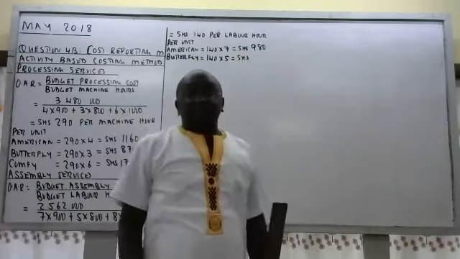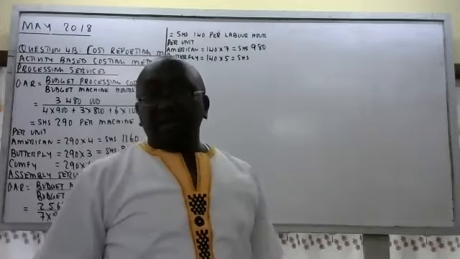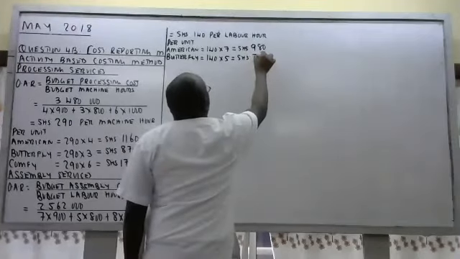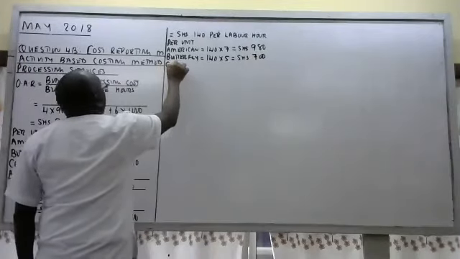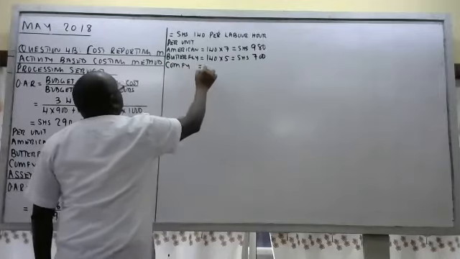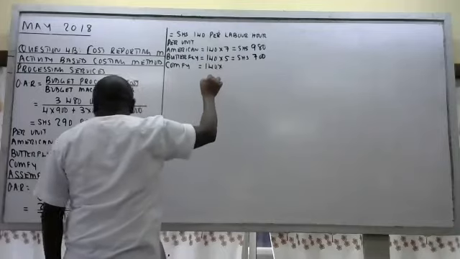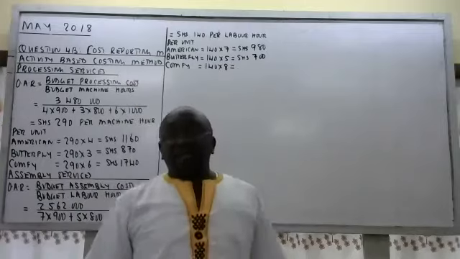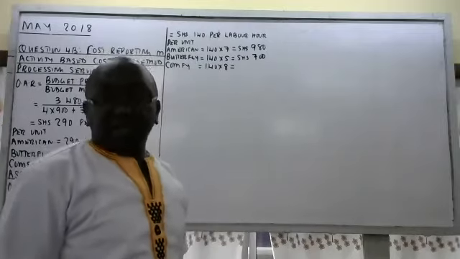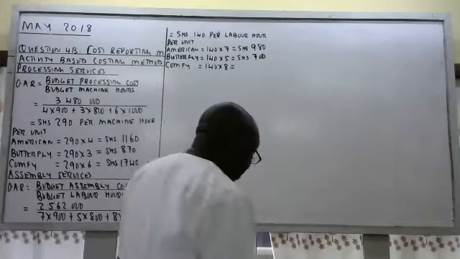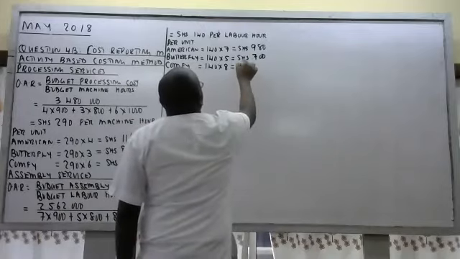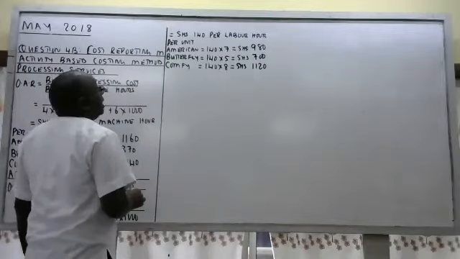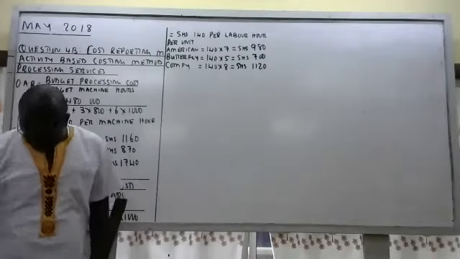Yes, I can see from Ivarin, Royce and June, 700. Then Comfy, it is 140 times 8. Yes, Ivarin, Royce, June and Helen, 1120. Shillings 1120. So that is per unit. Let's proceed to the next.